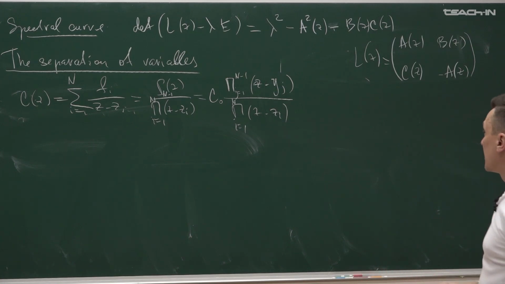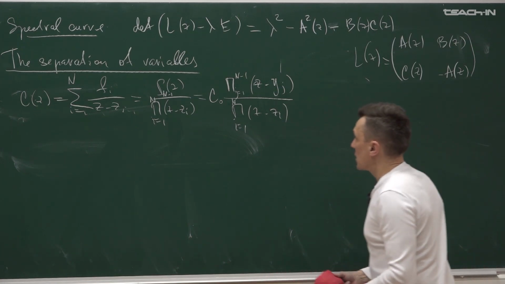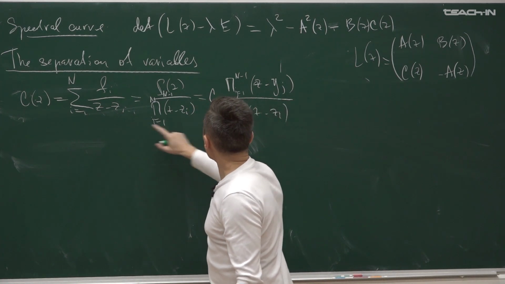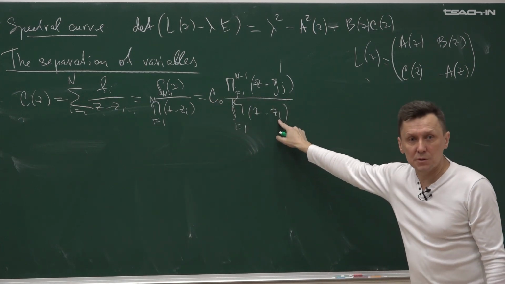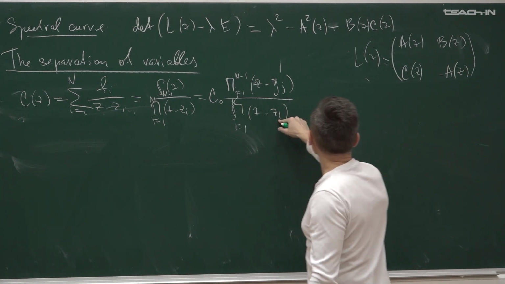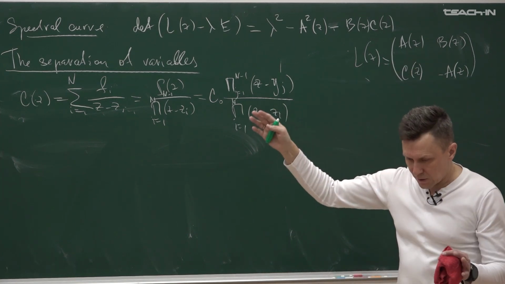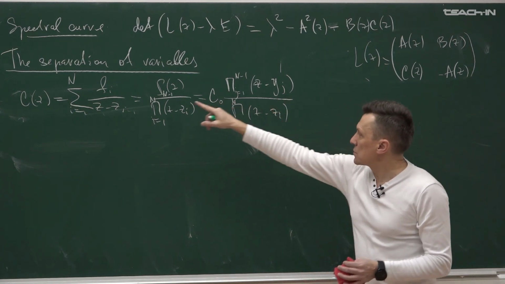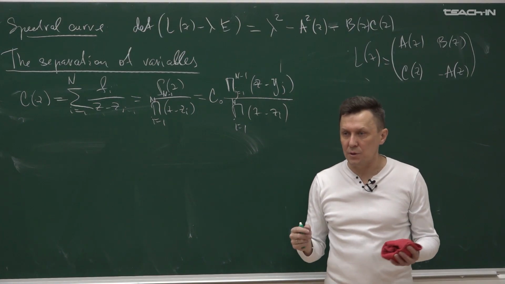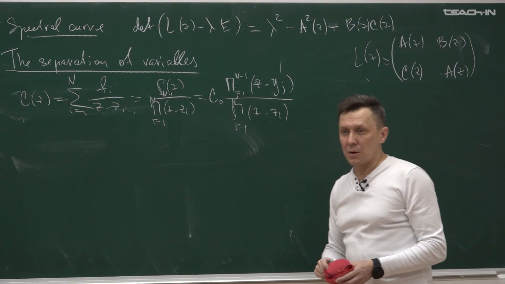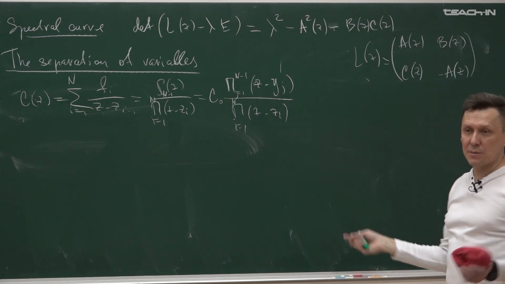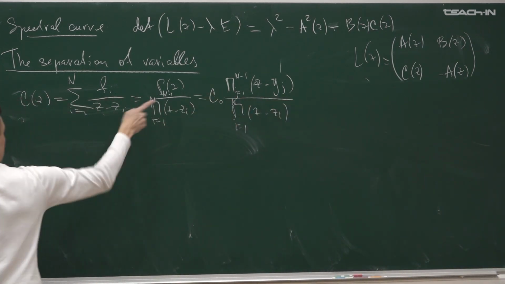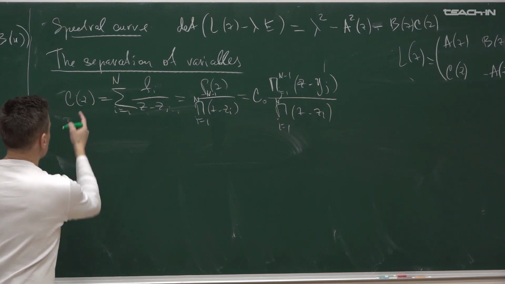Yes, just expand. But in contrast to the poles, which are just constants, we consider the Lax operator, which is a rational function with fixed poles. So the poles of these rational functions are constant, but the roots, the zeros, are some dynamical variables. Okay, so new variables are roots, zeros of the function c(z).